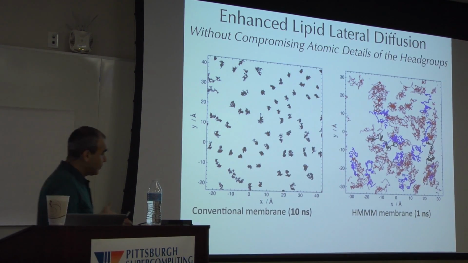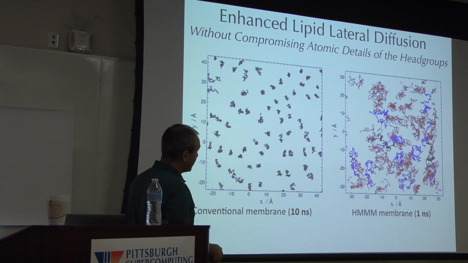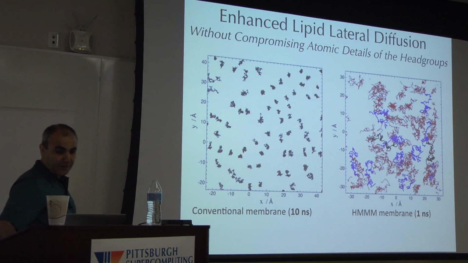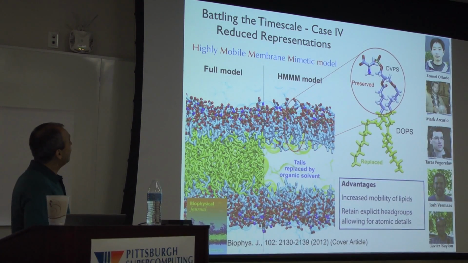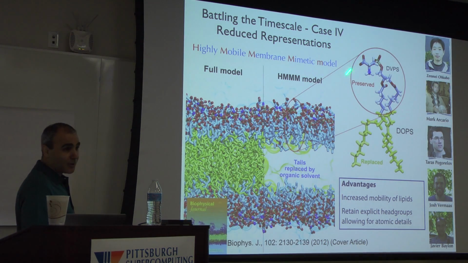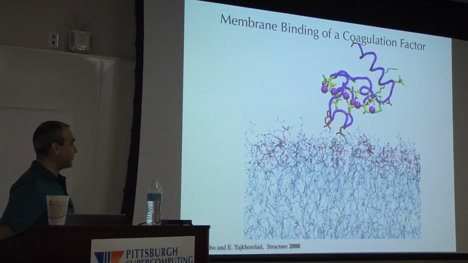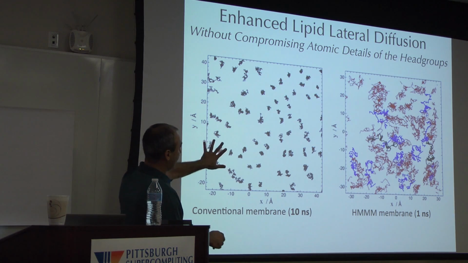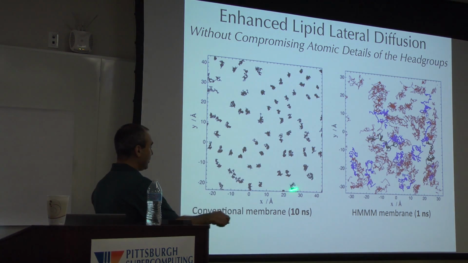So what we did, using this reduced representation, which we call the highly mobile membrane mimetic, awful acronym, HMMM, or model, that might be easier to remember for you guys, but we are stuck with that. So if you look at lipids, this is a top view of a membrane. For a full representation, conventional membrane, this is how much diffusion you get in 10 nanoseconds for your individual lipids.